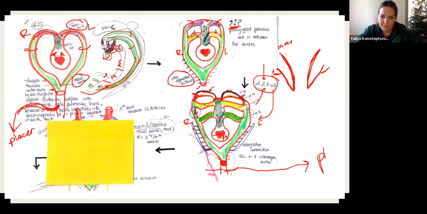Now, the little ones that we saw here were called intersegmental arteries, and we made them on day 26. On day 27 to 29, we're going to see that the first seven intersegmental arteries form a common branch which is going upwards on two sides.